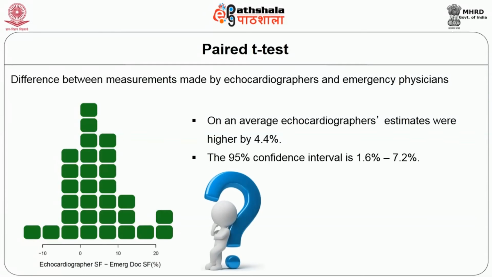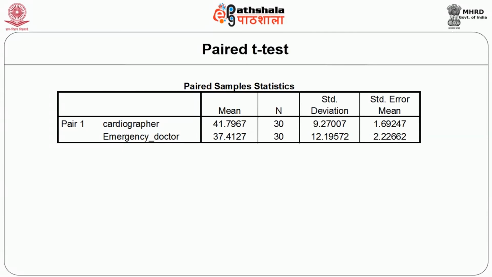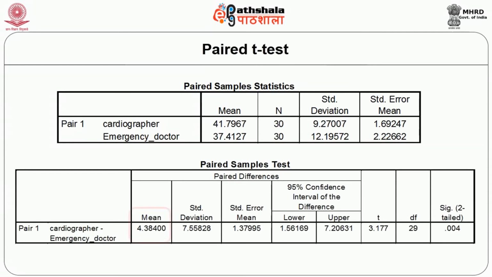Whether this difference is significant or by chance? Therefore, by using the formula of the paired t-test, we found, as given in the table, that the echocardiographer mean is 41.8 and the emergency doctor mean is 37.4, and the mean difference between these two is 4.4%.